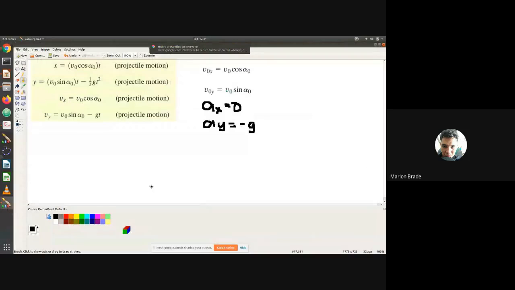So x is the final position, v naught is the initial velocity, and alpha sub zero is the angle of the projectile.